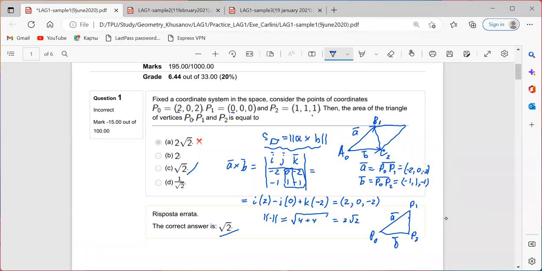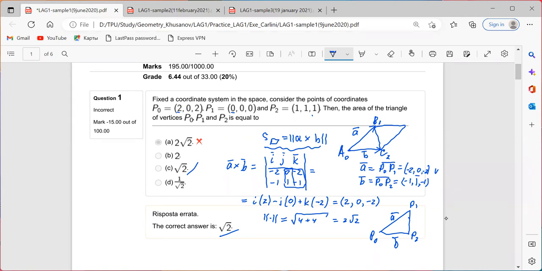We obtain the first component of the A vector. For the second component, from the second component of P1, which is 0, we subtract the second component of P0. It will be 0 minus 0, and we obtain 0 here. Then we consider the third component of P1, which will be 0, and the third component of P0 will be 2. So 0 minus 2 will be minus 2. So we have the components of our vector A.